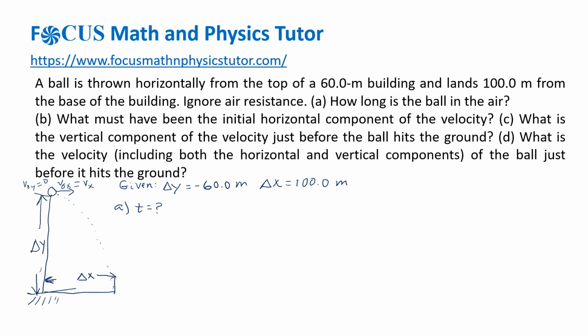All right, so from kinematics we know that delta y is equal to v naught in the y direction times time plus half g t squared. Because the initial velocity is 0, delta y equals half g t squared.